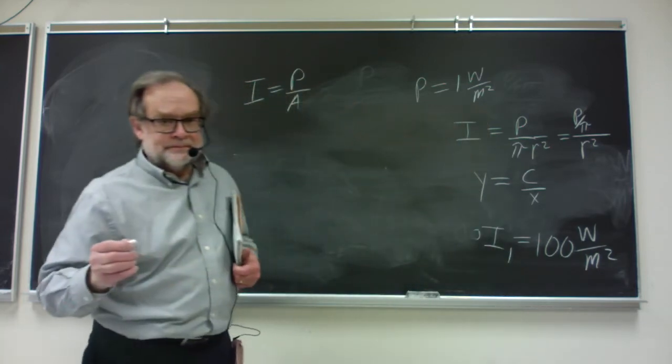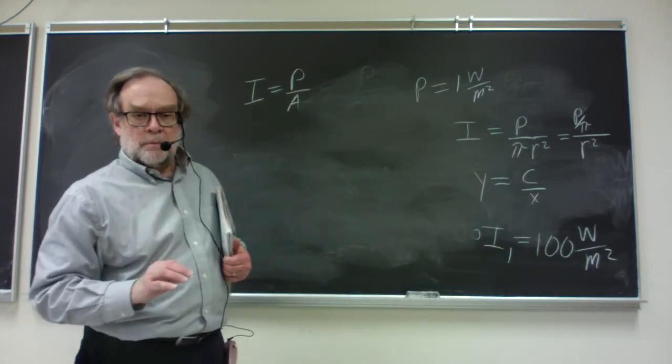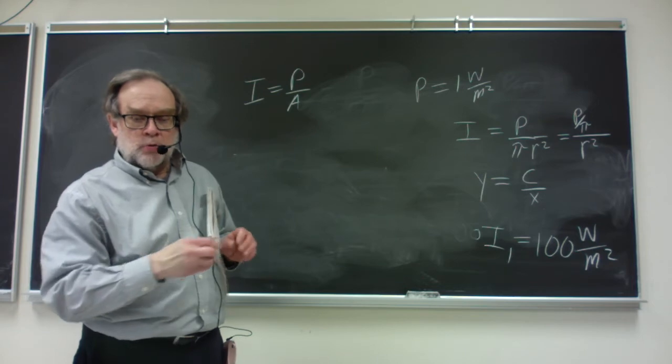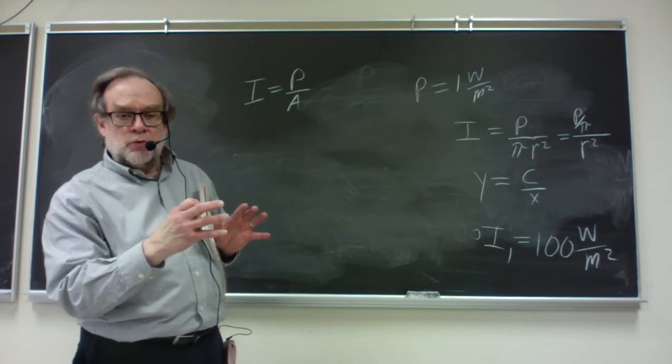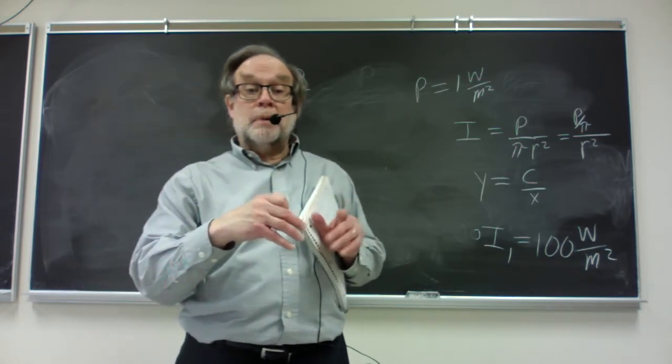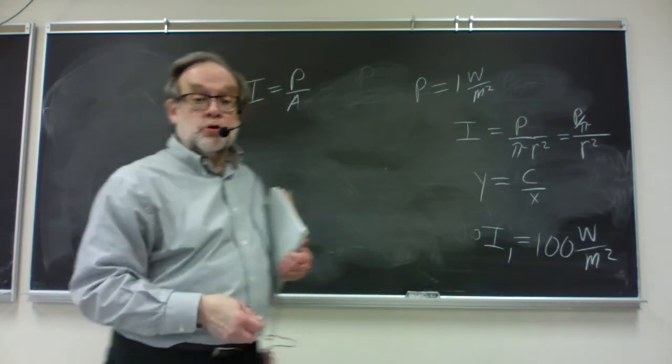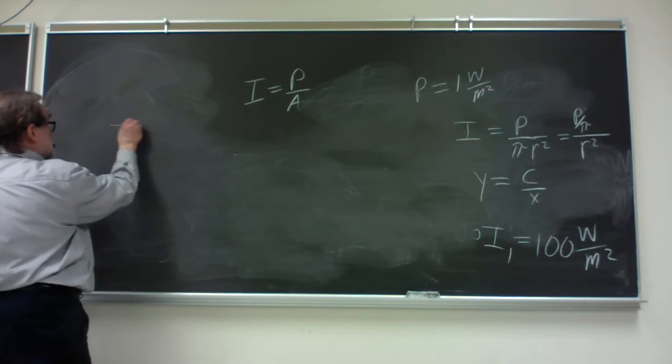Let's do one more example, kind of working it backwards. Let's say we defocus the beam enough to make the intensity drop by half. New intensity is half the old intensity.